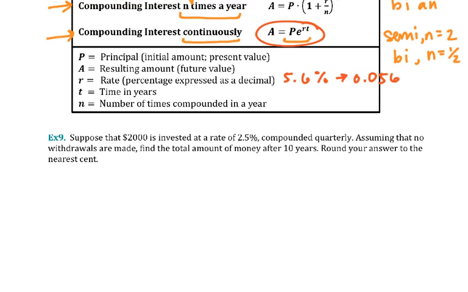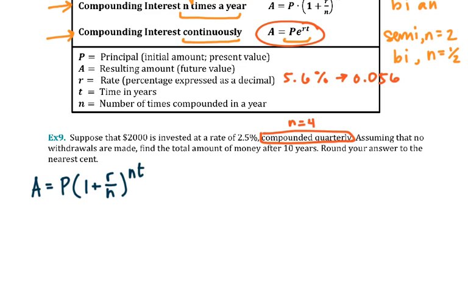So we're dealing with a word problem. The main thing I see is compounded quarterly. Compounded quarterly lets me know that n is going to equal 4, and it also lets me know I'm going to use my formula, A equals P times 1 plus R over N to the NT power.